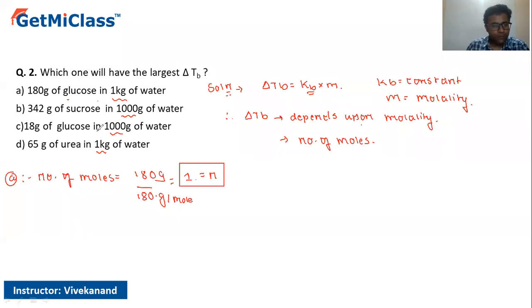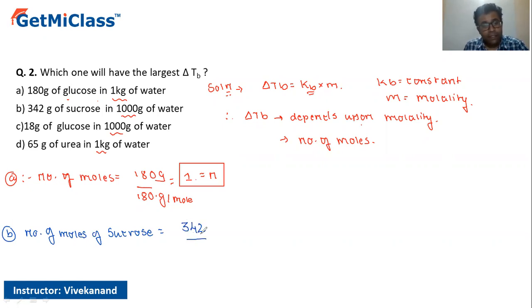Now, let's go with the second one, that is option B. Sucrose has been utilized. So the number of moles of sucrose: the amount added is 342, and the molar weight of sucrose is 342 again.